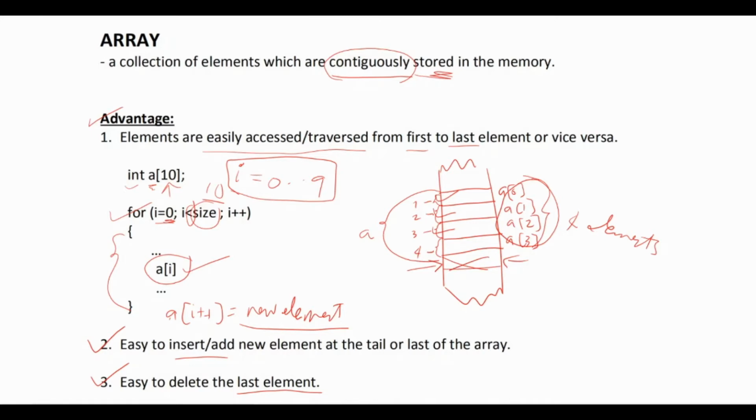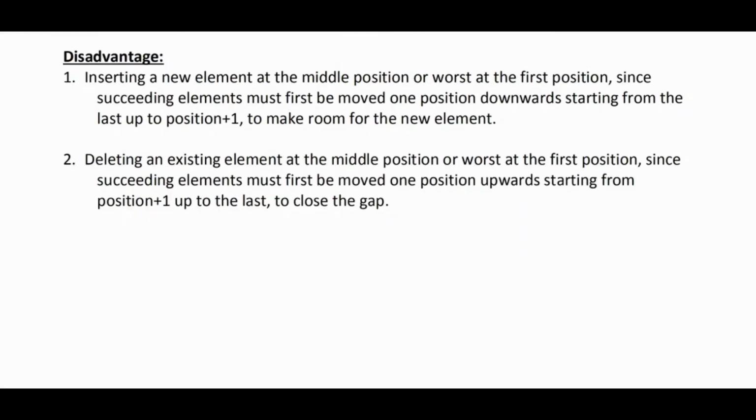For the disadvantage of array structure, first we have this. Inserting a new element at the middle position or worst at the first position, since succeeding elements must first be moved one position downwards, starting from the last up to position + 1 to make room for the new element.